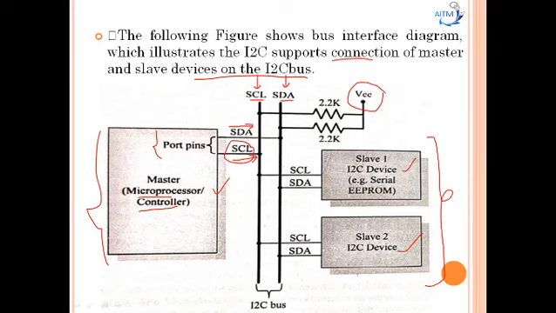So this will set SCL equal to 1. And the master device pulls the SDA line low, that is, the SDA line will be set to 0.